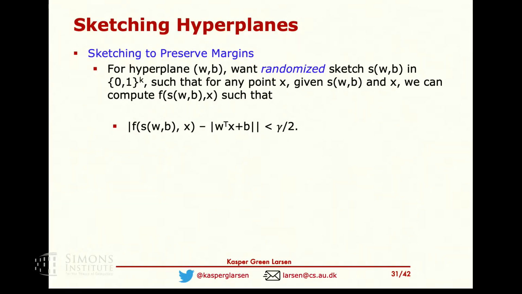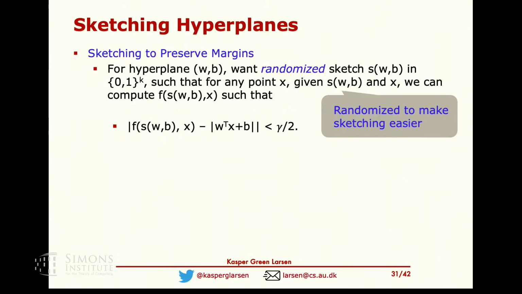I guess for proving generalization, it would have been nicer if it was not a randomized sketch, but then it's harder to design a sketch. So there's a trade-off here. We would like it to be easy to design this sketch, so the reason why we allow randomized sketches is to make it easier to give a good sketch. And for the sake of the proof, this decoding function f is allowed to depend on the random choices made by the sketch.